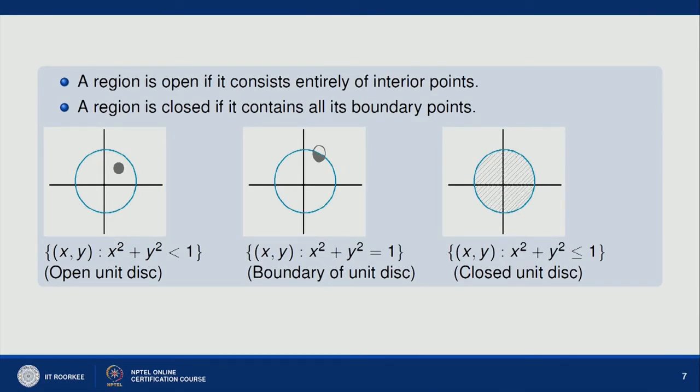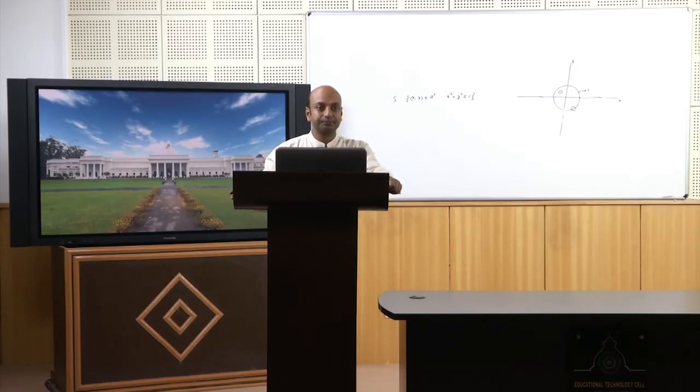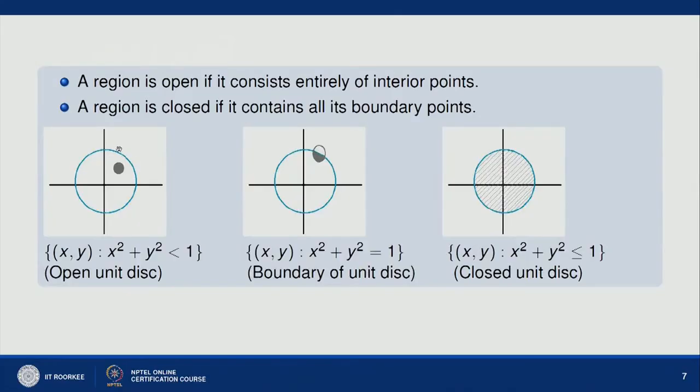For example, in the first figure on the slide, this is a unit disk without its boundary, and all the points inside this region are interior points. So, this region we can say is an open region.